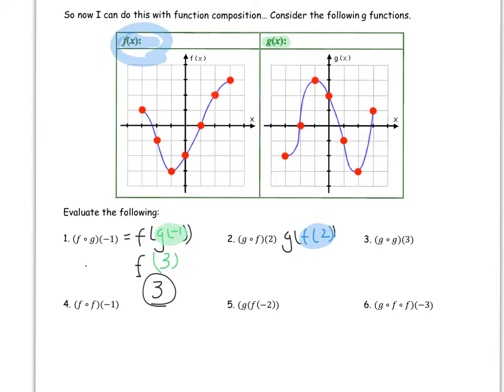Well, it's also 2. Let's now do g of 2. Now I'm going to look at my g of x graph at 2. My x-axis is 2. Go to my picture. Where is that on my y-axis? Negative 3.